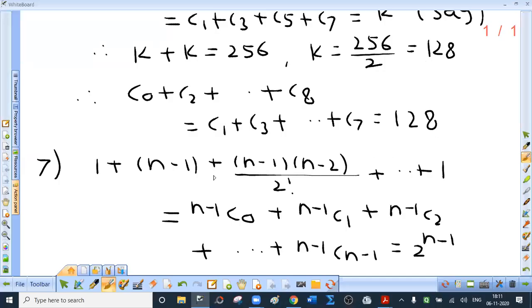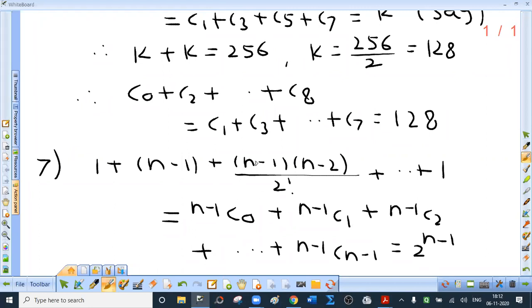Now for sum number 7, we require this actually. 1 plus n minus 1 plus n minus 1 into n minus 2 upon 2 factorial plus dot dot dot up to 1, rather plus 1 is what? Can I write this 1 as n minus 1 C0? Yes. Can I write n minus 1 as n minus 1 C1?